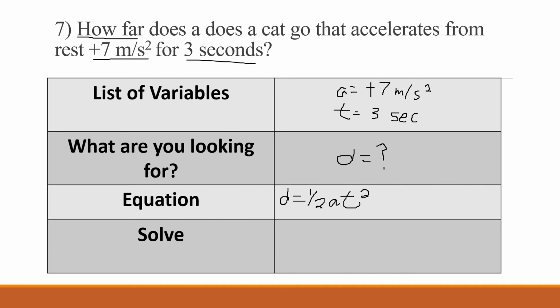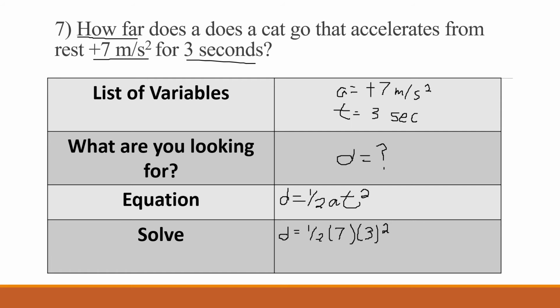When you see that equation, I know some people get intimidated, but don't get intimidated. You know how to do this. We're just going to plug in our variables. I'm going to bring down the 1/2. A is 7. 3 squared. Bam.